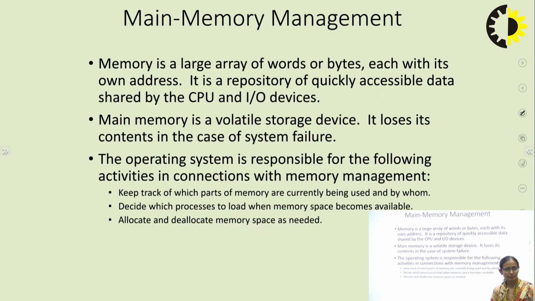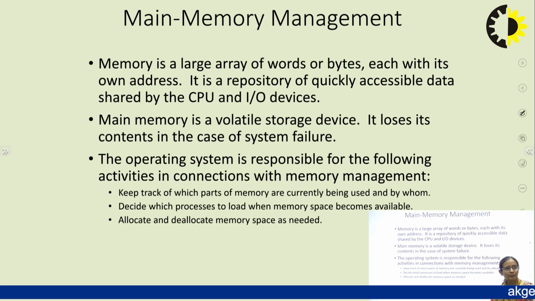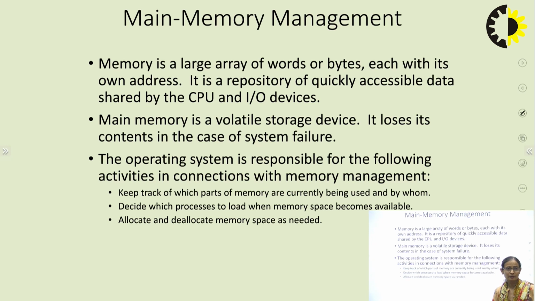Another module is the main memory management module. What is a memory? Memory is a large array of words or bytes, each with its own address. It is a repository of quickly accessible data shared by the CPU and input-output devices. Main memory is a volatile storage device. It loses its content in the case of system failure.